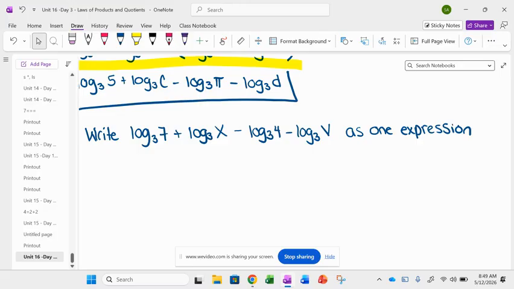So now I'm condensing this. I gave you it really long. Now I need to make it into one expression.